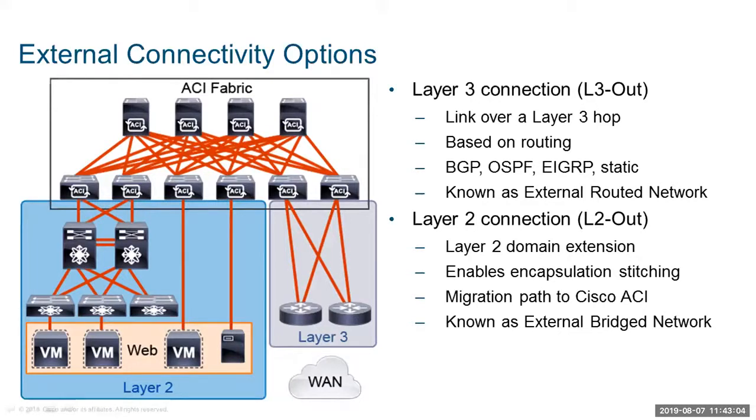Then layer 2 connections is a bridged extension outside the ACI. Could be using VLAN or VXLAN. Remember, internally we're always using VXLAN encapsulation, or I would say eVXLAN, and externally could be VLAN.